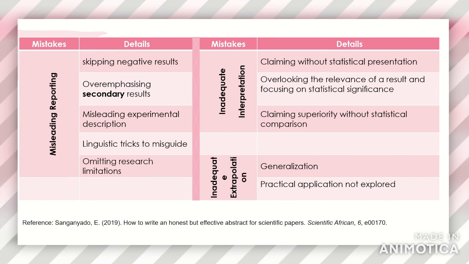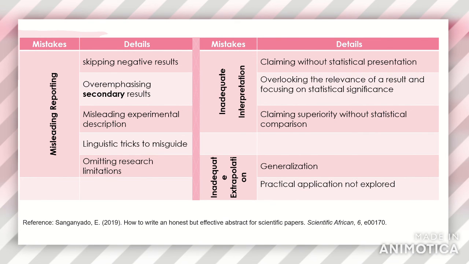Inadequate extrapolations: generalization. You are making things general. You have done your research for a particular thing with a particular facility and using some particular information, and some particular result has been achieved. But you cannot generalize it, like saying using this result we can say the weather was good. It is not like that. If the weather was good in your result, that means there were some predefined criteria depending on which it was good.